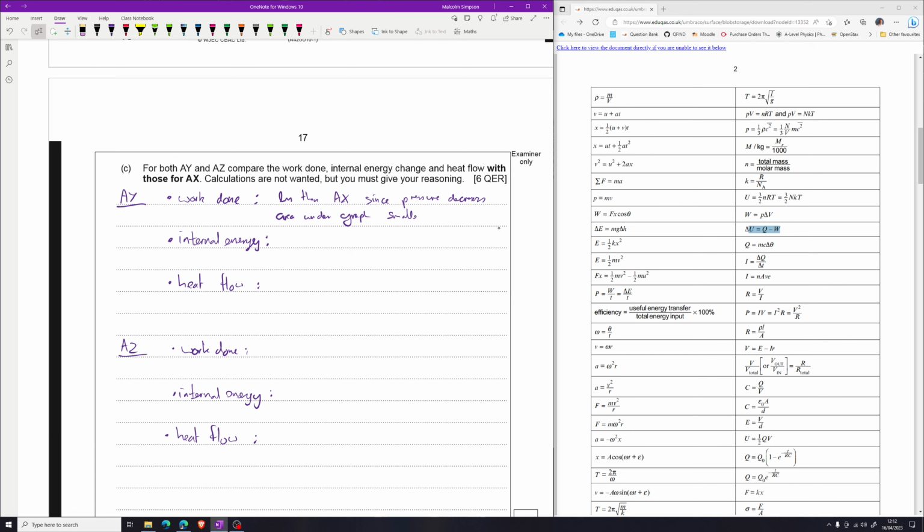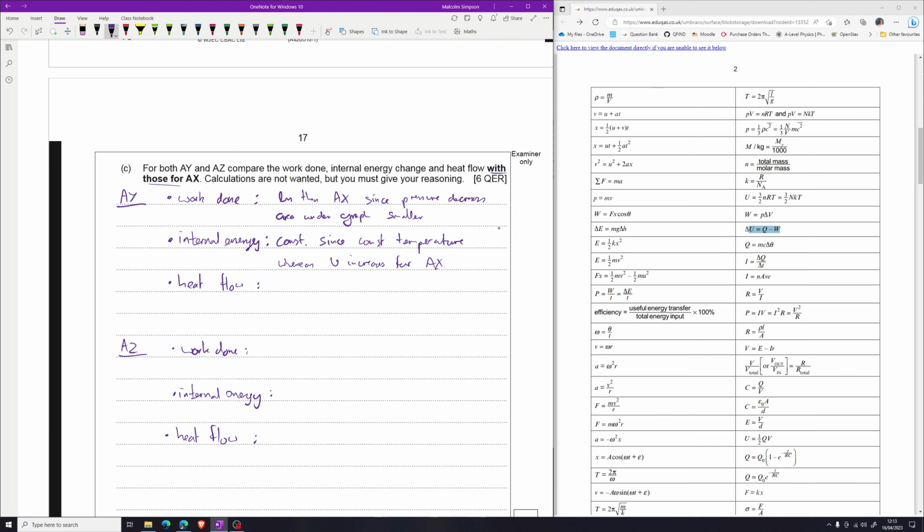Internal energy is constant, since constant temperature. And bear in mind, each step of the way we need to compare it to AX. Whereas U increases for AX.